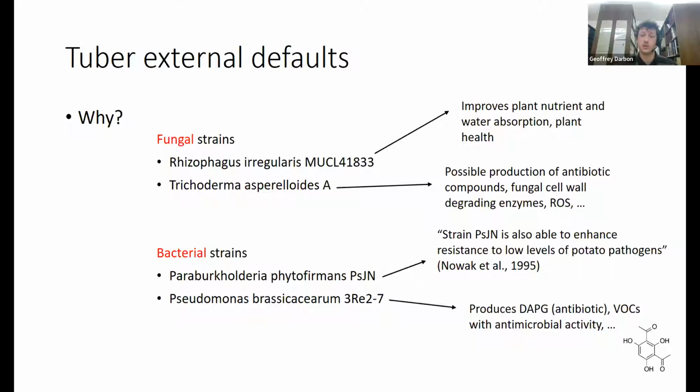Each of these strains, in a direct or indirect way, can help plant health by producing antimicrobial compounds, fungal cell wall degrading enzymes, or, for mycorrhizae like Pierre said, by enlarging the surface of the roots and providing better water and nutrient absorption, and so indirect plant health promotion.